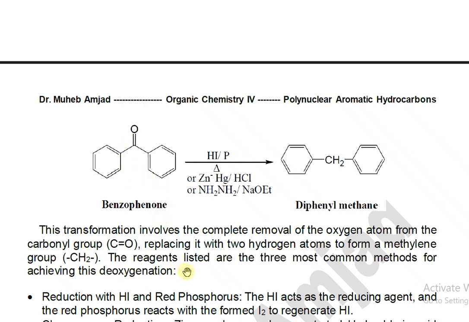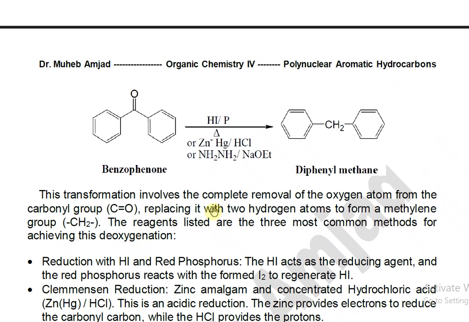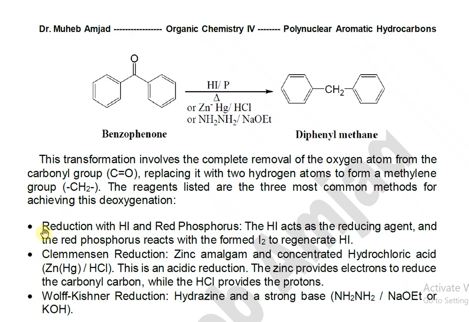The reagents listed here are the three most common methods for achieving deoxygenation. Okay, so the first one here, reduction with HI and red phosphorus. The HI acts as the reducing agent and the red phosphorus reacts with the formed I2, the iodine, to generate the HI.